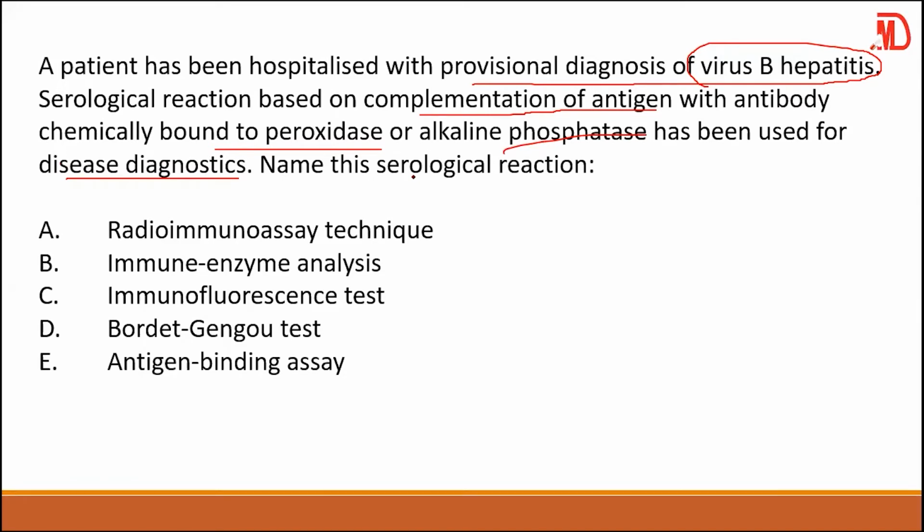I repeat, the immune enzyme analysis is used to detect the presence of either a specific antigen or a specific antibody in the blood. Now, the common enzymes that they use are peroxidase, alkaline phosphatase, and even glucose oxidase. These are some of the enzymes used in doing immune enzyme analysis.